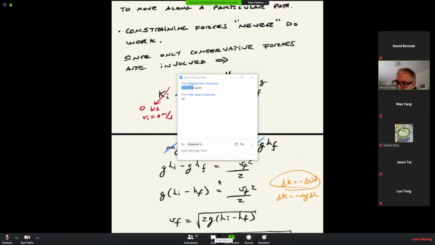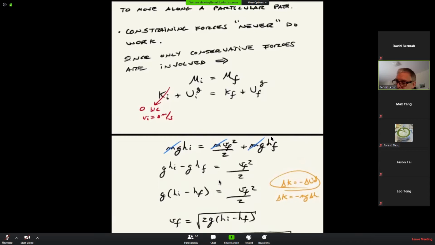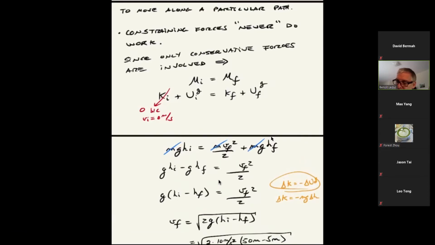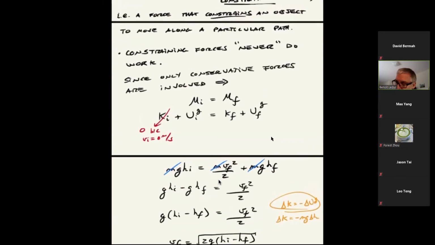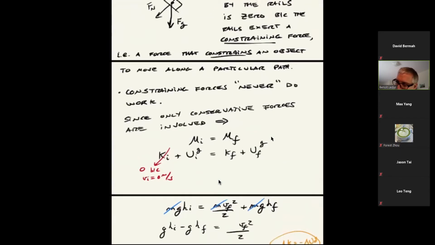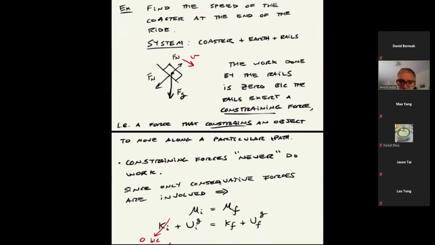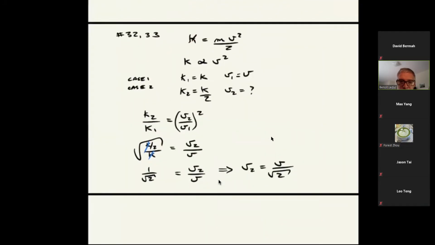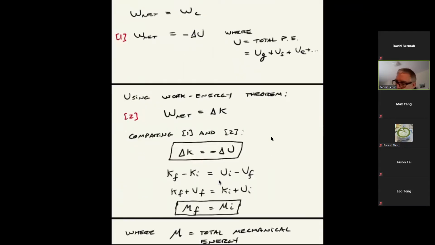If you do not use gravitational potential energy, then you can always do the problem using the work-energy theorem. But if you use the work-energy theorem, you have to go back to the original definition of work, which is the scalar product of the force times the displacement.